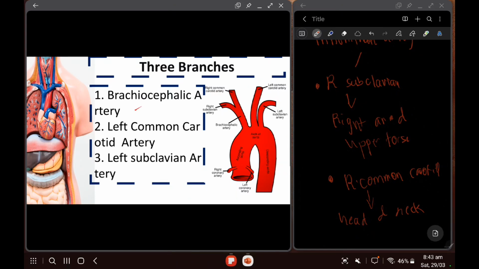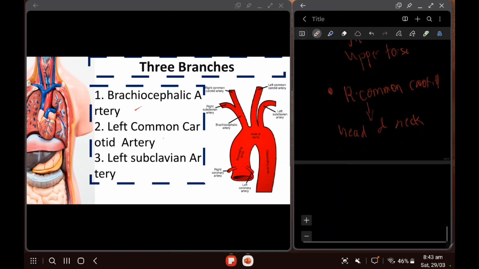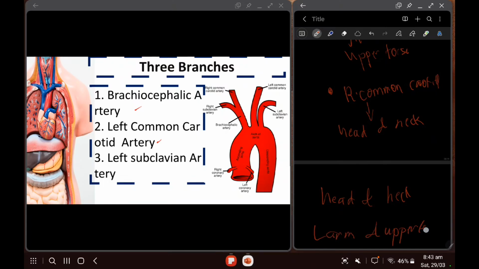That is the brachiocephalic. Now we have the left common carotid artery, which likewise supplies the head and neck. Then the left subclavian artery supplies the left arm and the upper torso of the left side.